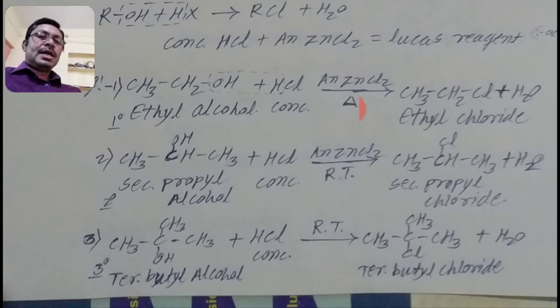The same reactants react with these alcohols, but the conditions are different. A primary alcohol needs ZnCl2 with heating, a secondary alcohol needs only anhydrous zinc chloride with no heating, and a tertiary alcohol needs no catalyst or heat.